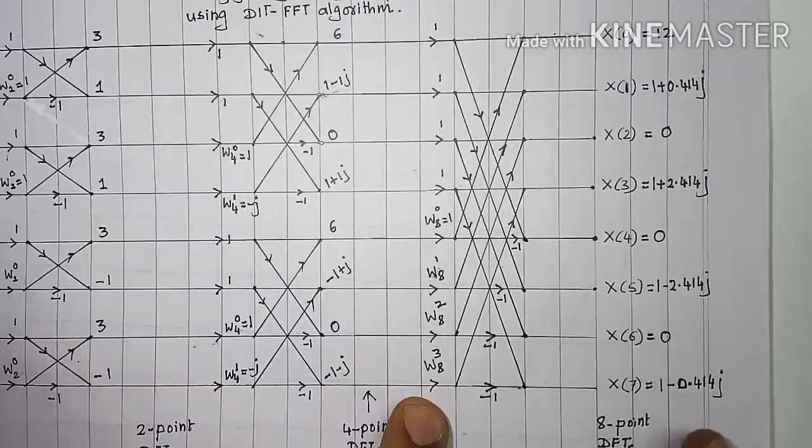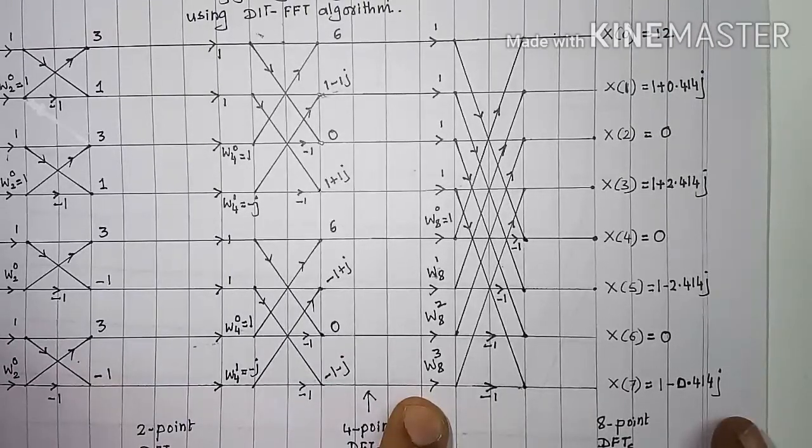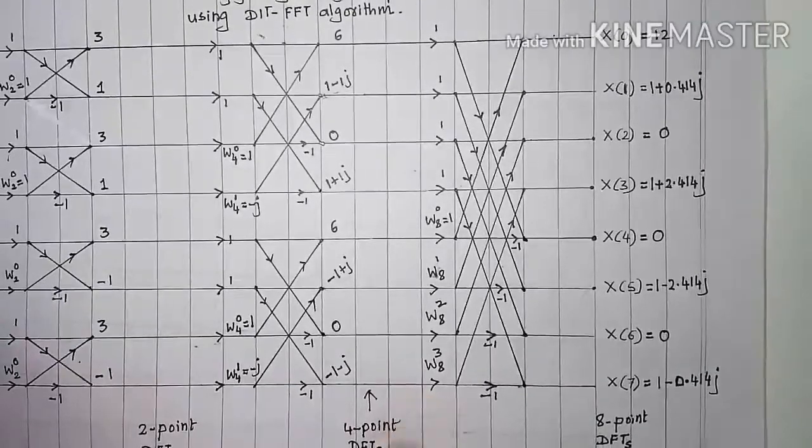I and J both are equal to square root of minus 1. So I can use I in place of J or J in place of I.